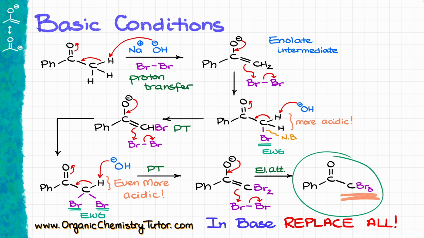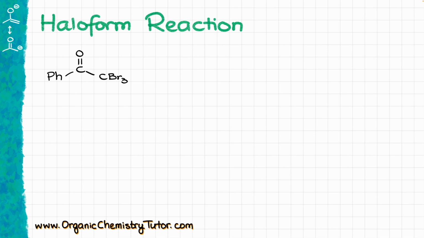I'm going to redraw this molecule, and I'm going to look at it very carefully, because I've mentioned that bromine is a very good electron withdrawing group, which does mean that this entire moiety in our molecule over here essentially becomes an exceptional electron withdrawing group as well. But it's not only an electron withdrawing group, it is also a leaving group that can potentially be replaced by a nucleophile if we have a suitable nucleophile in the reaction.